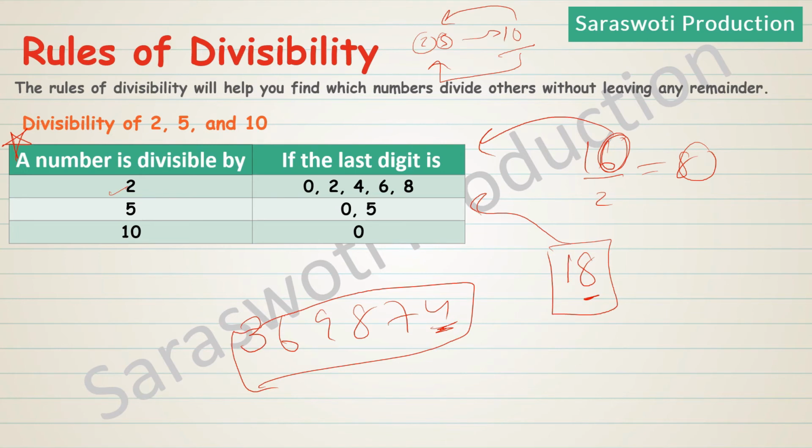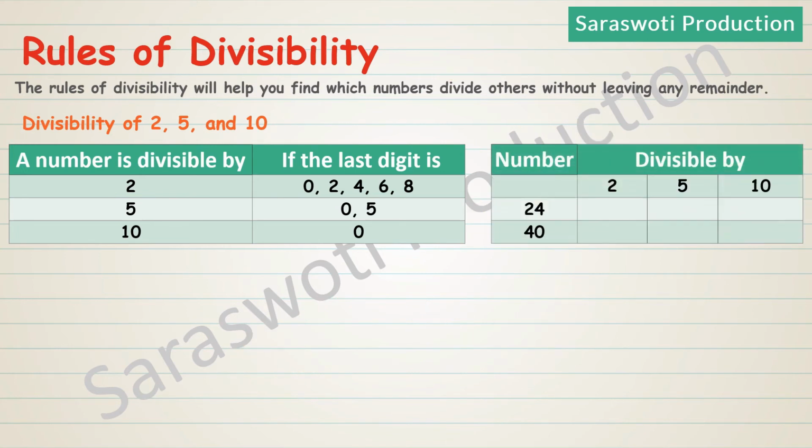Let's see one more example of this and how to apply it. Okay, let's have a look at this. We're given two numbers, 24 and 14. We have to apply this given rule and tell whether each is divisible by 2, 5 or 10. For the number 24, as you can see, the last digit is 4, meaning this number is divisible by 2. Tick mark.